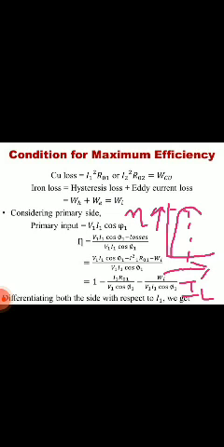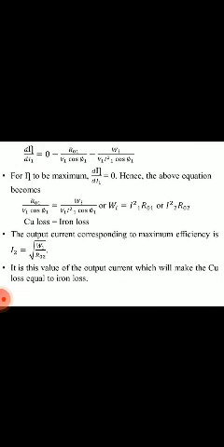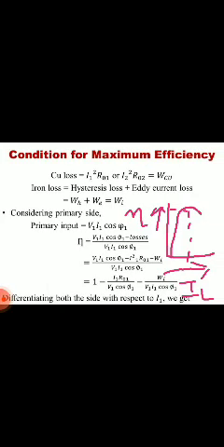So this is the point where efficiency is maximum, at current Im or I2, which is equal to root of Wi divided by R01. And at this point the copper losses will be equal to the iron losses.